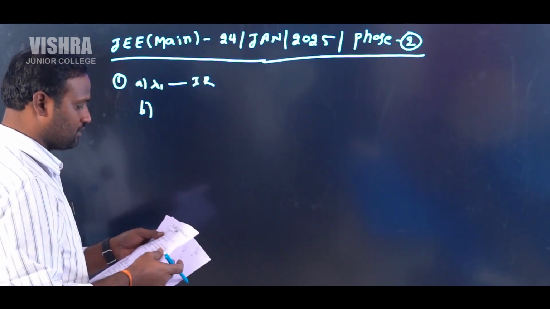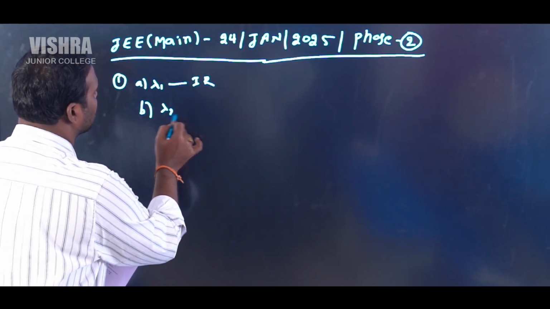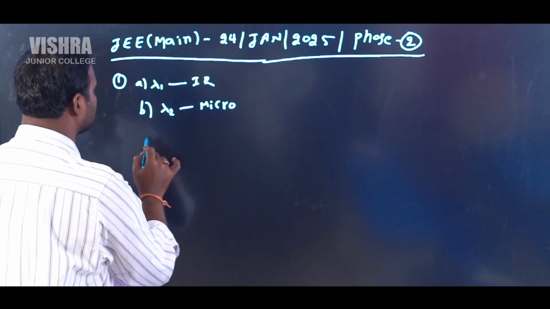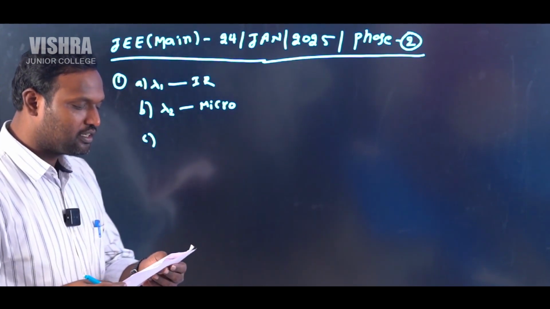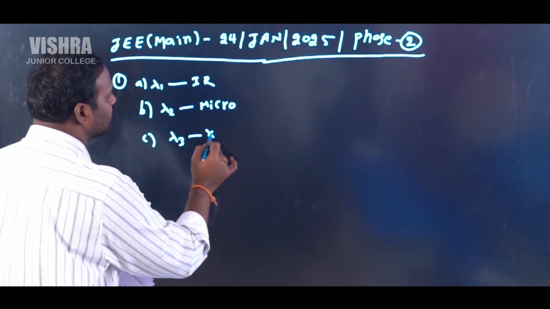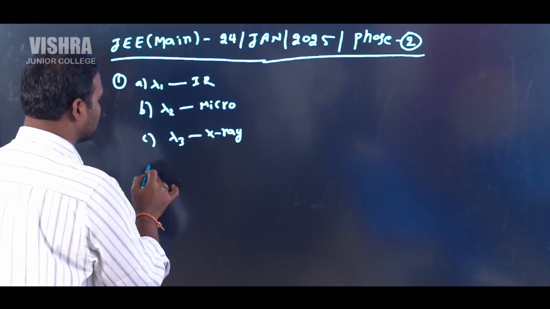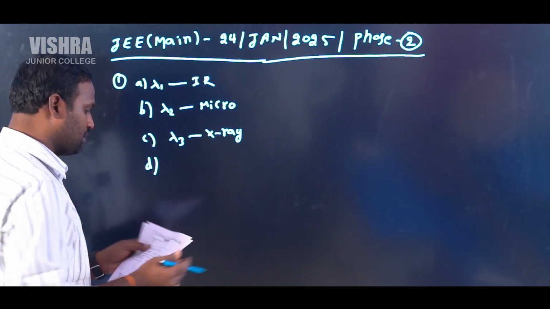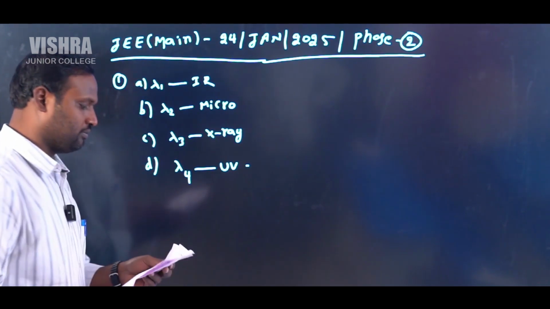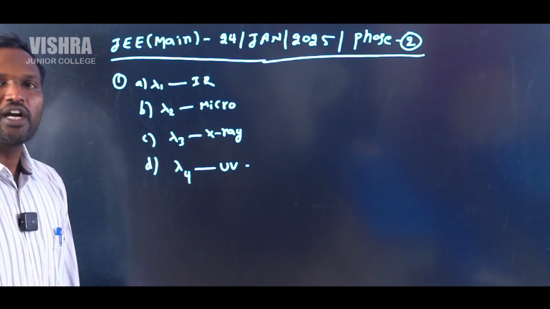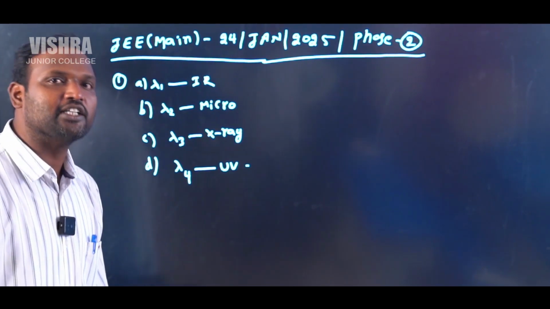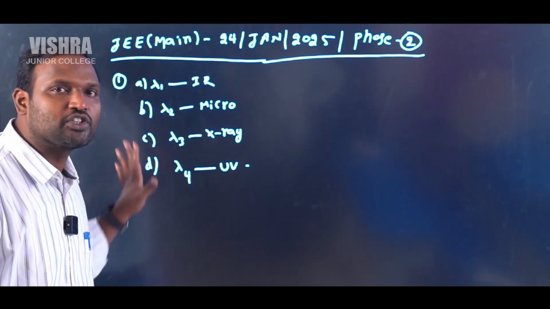Second one is lambda 2, micro. Third one is lambda 3, X-ray. Fourth one is lambda 4, UV region. So what is the order of wavelength of these different types of electromagnetic radiation? He gave the first question like this.